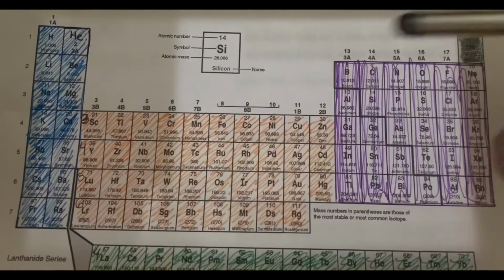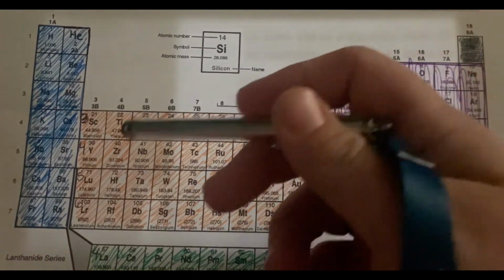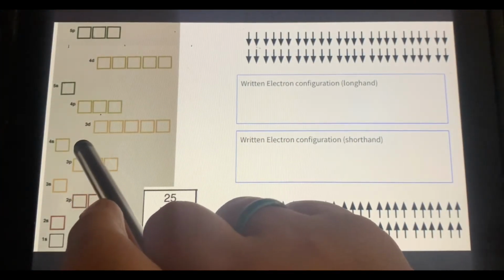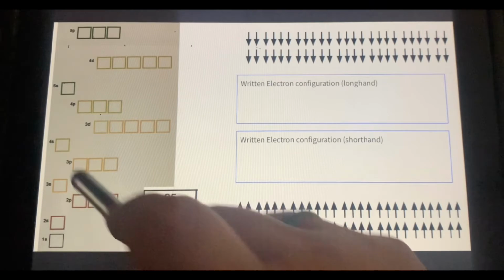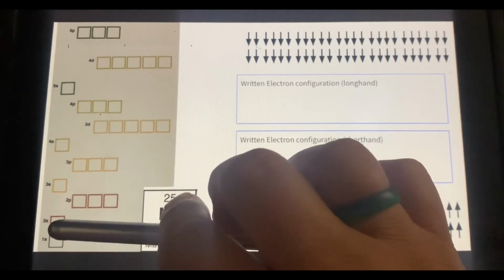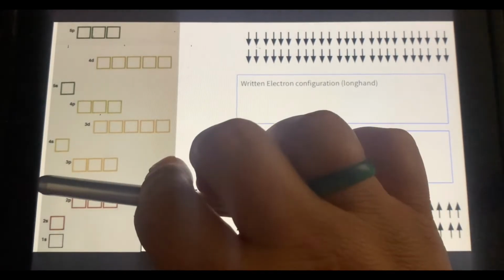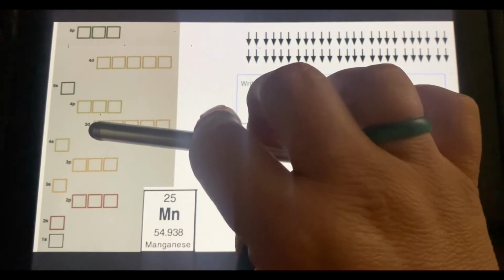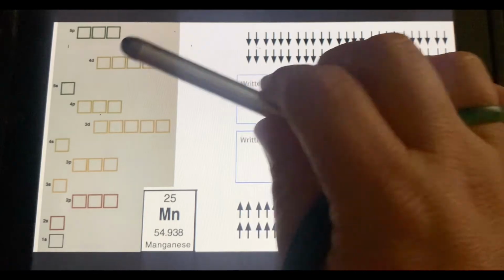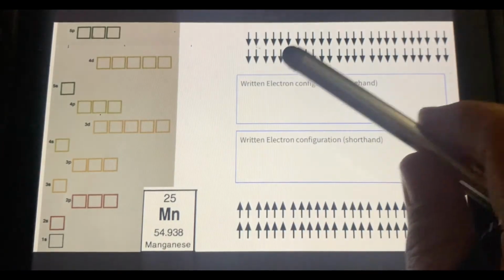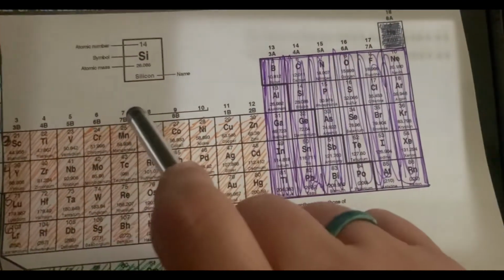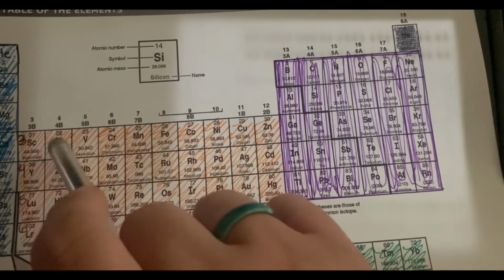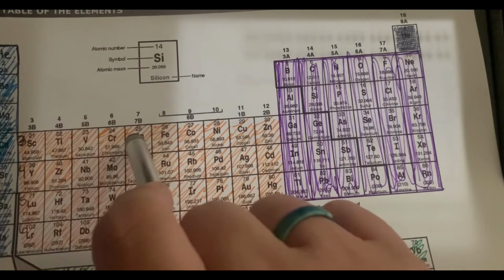Now, the only way I can get to row 3D is to go through 4S2, and you'll notice if I'm looking at my chart, here's 4S2, and if I was filling, I go 1S2, then I go to my 2S2, 2Ps, 3S, 3P, 4S, and then I can get to where manganese is at. So manganese is row 3, D block, 1, 2, 3, 4, and 5.